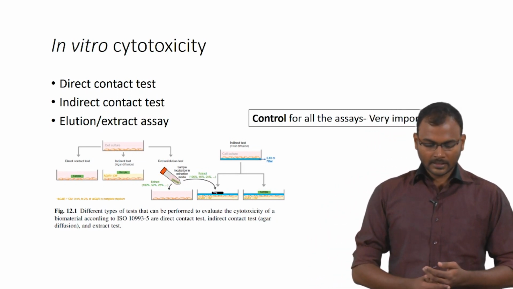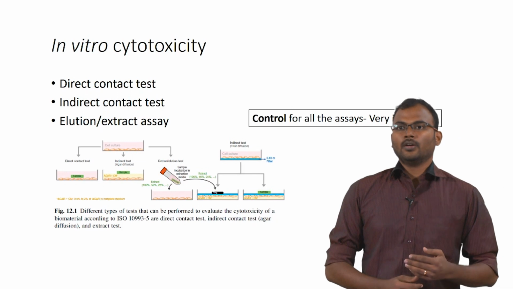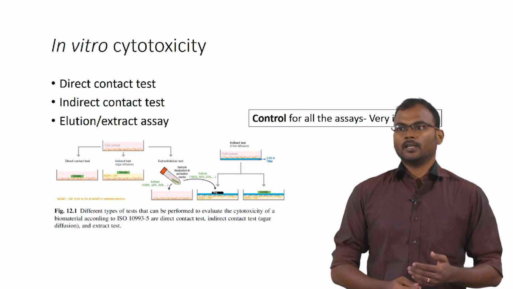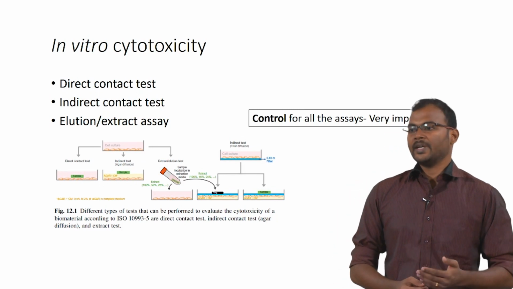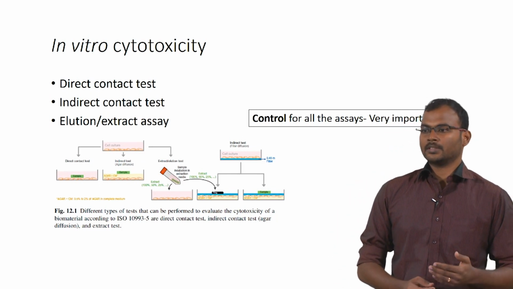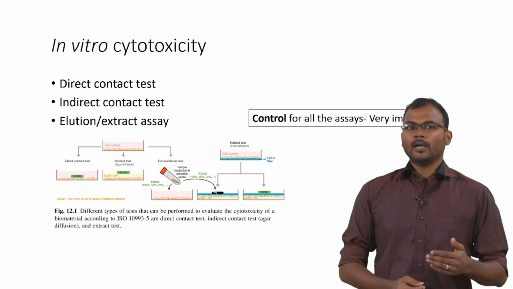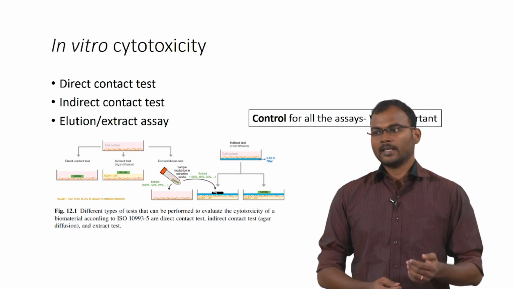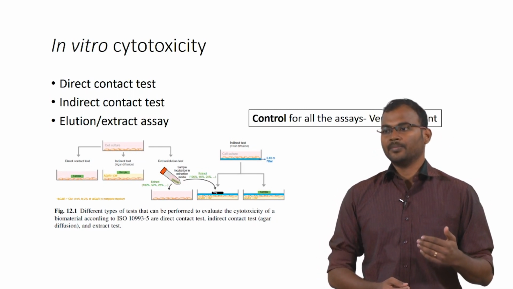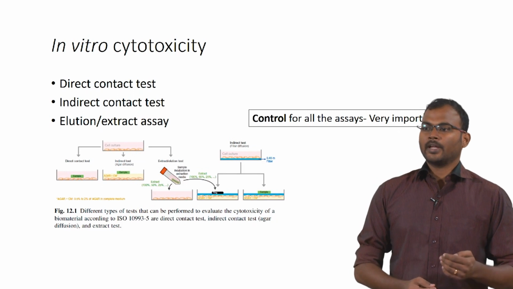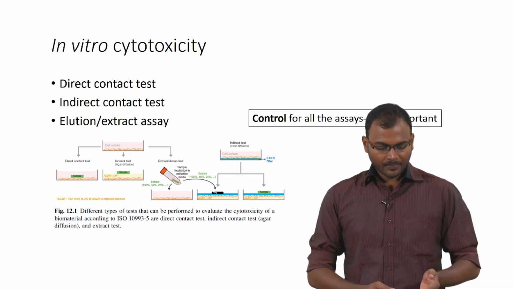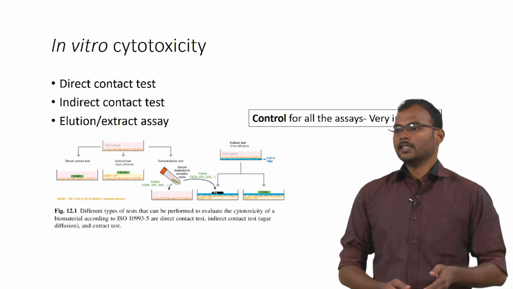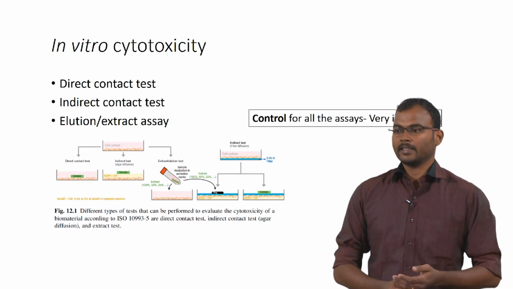So, extraction or elution assays are used for soft materials where you can keep that material in media for 24 hours or 48 hours based on your application. Then you have to extract the media. If there is leaching from these compounds, you can take that media and culture it with the cells, or with the indirect test method.